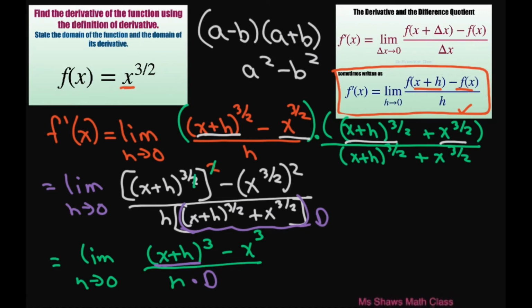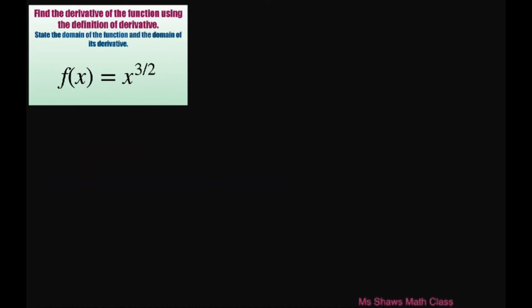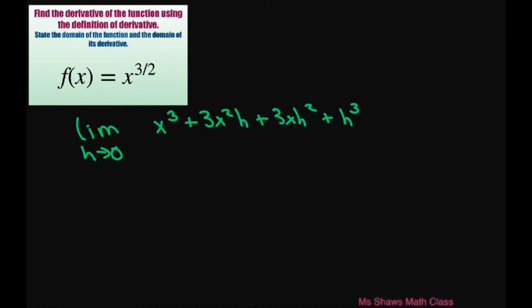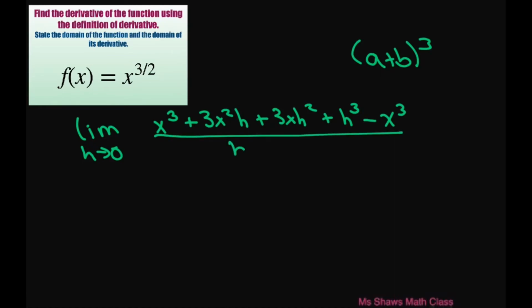This is just going to be the limit as h approaches 0 of x cubed plus 3x squared h plus 3xh squared plus h cubed. That's just your expansion for a plus b cubed. All right, so x cubed, and then we still have h times that denominator. I'm going to put the denominator back in. I just want to clean up the numerator first.